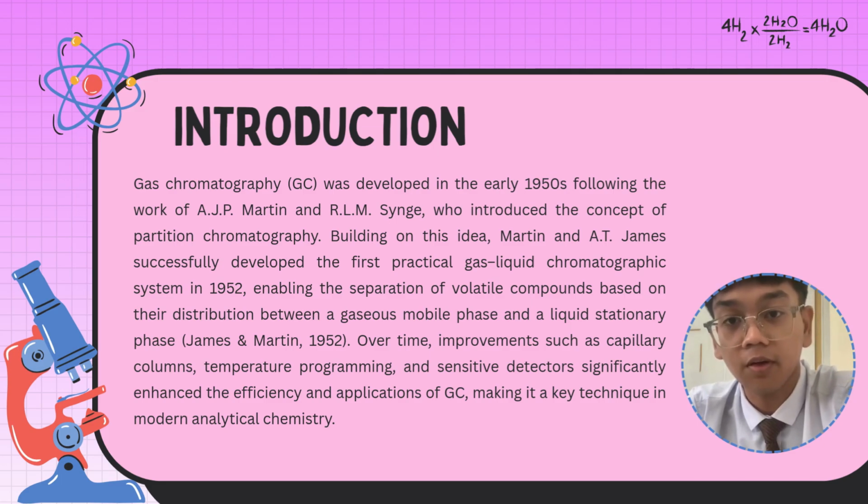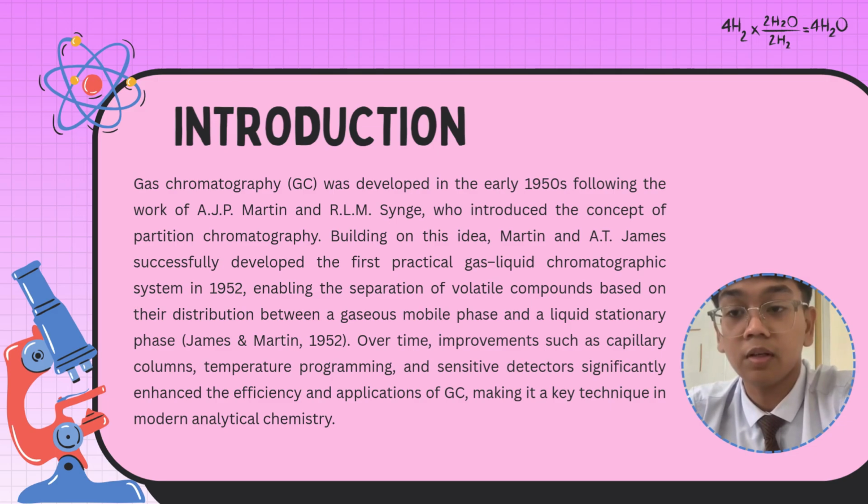Gas chromatography was developed in the early 1950s following the work of Martin and Synge, who introduced the concept of partition chromatography. Building on this idea, Martin and James developed the first practical gas-liquid chromatography in 1952.